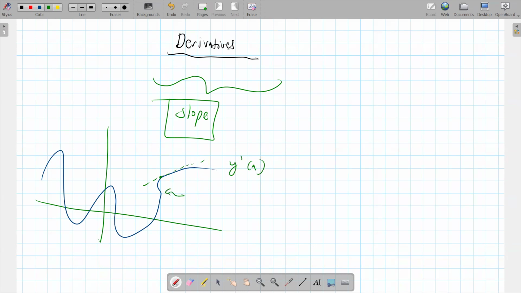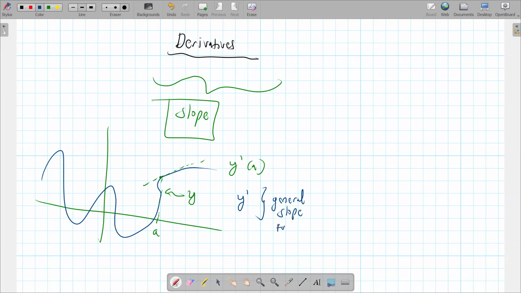If this is y, that'll be the y prime, the slope at some point a. Now, instead of finding y prime at a, what you could find is you could just find y prime. And this is the general slope function for y. This one will give you the slope for any point given a point, basically.